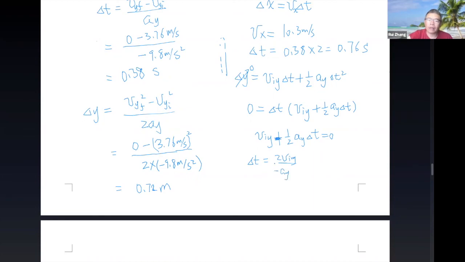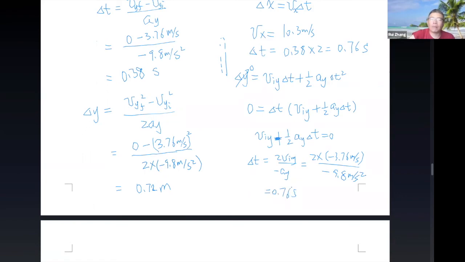That's 2 times negative 3.76 meter per second divided by negative 9.8 meter per second squared. As you can see, just by comparing, this is exactly 2 times the time. So it is indeed 0.76 second.